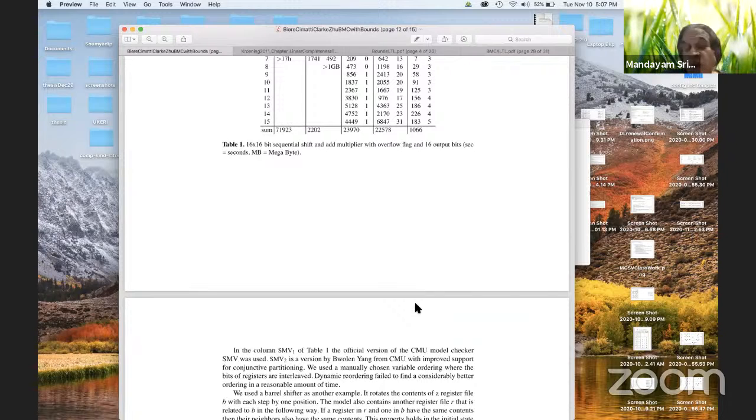No. See, the bound applies only when you show the non-existence, when you want to do a completeness thing. We are talking about counterexamples that exist, where hopefully you will find it before you hit the threshold.